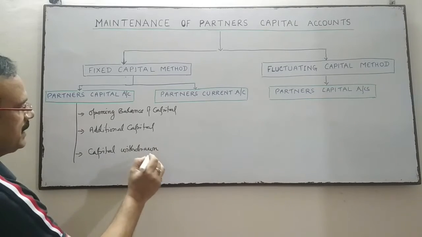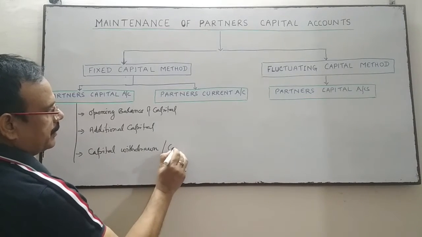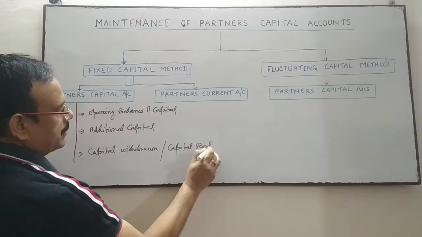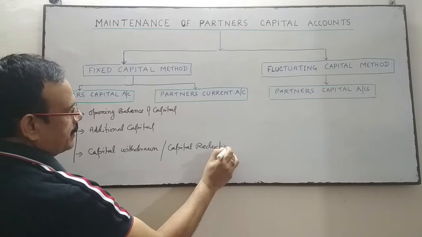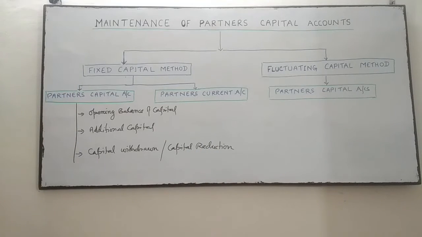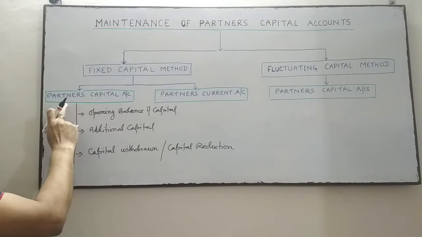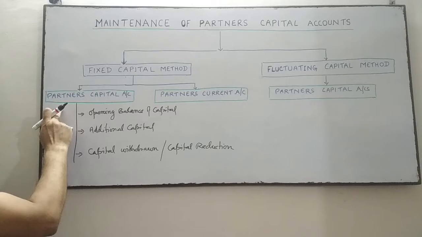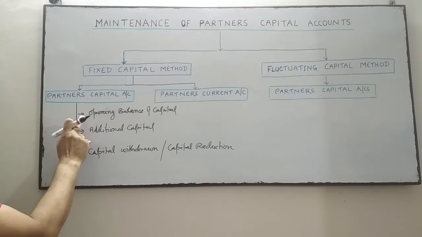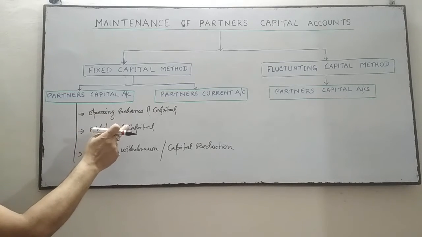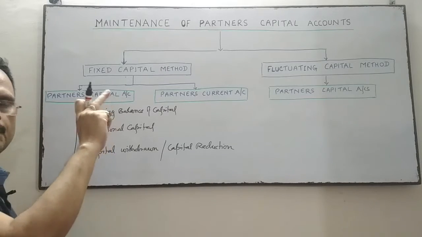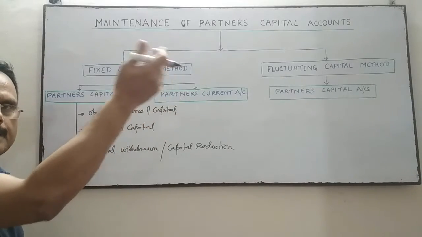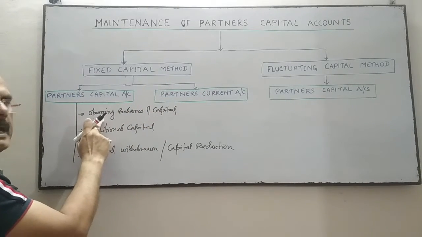Withdrawn means capital reduction. So when the capital is fixed, when we operate the partners capital account, first will be the opening capital balance. If the business is carried on from the previous year or many years, the opening balance of capital will be brought down.